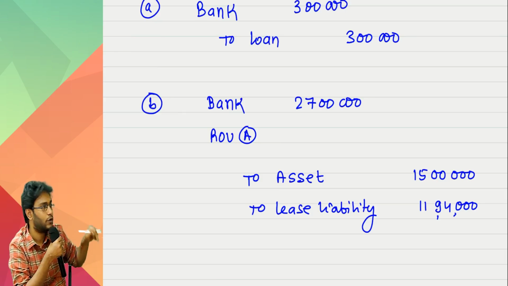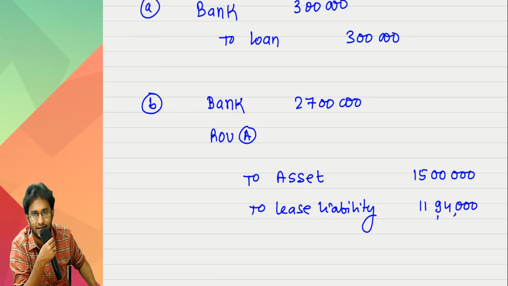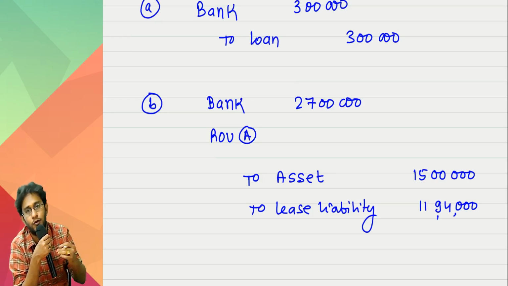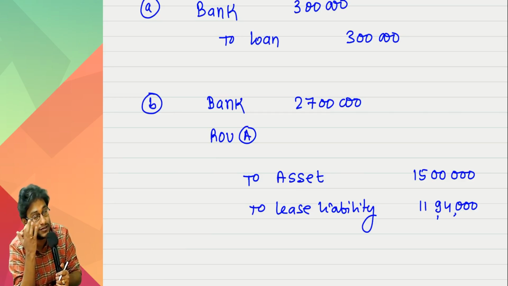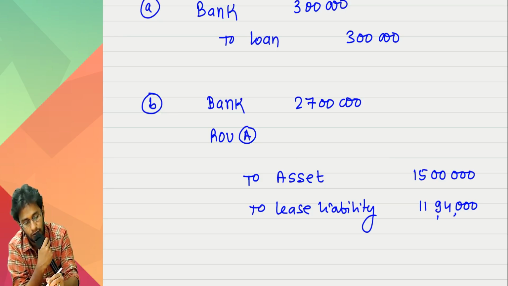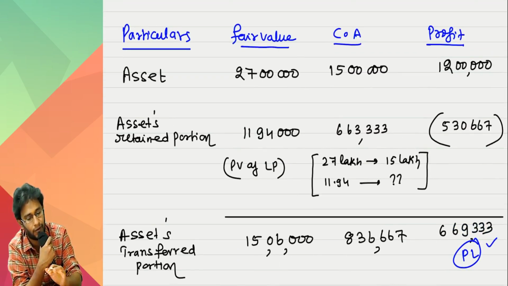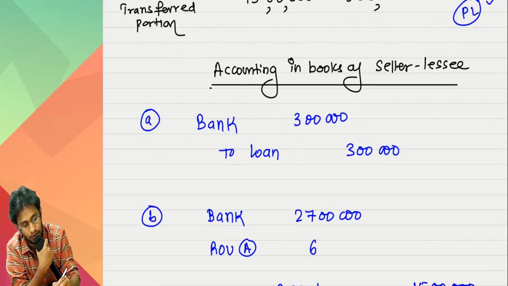Normally the asset also I should recognize at 1194 only, but that is an asset which I sold. Again this is coming back into my books. When you sold at fair value, there is profit in that. PV of lease payment is also fair value, so in that also profit will be there. I cannot recognize profit on sale to myself. So instead of recognizing at 1194, you will recognize at 663,333.